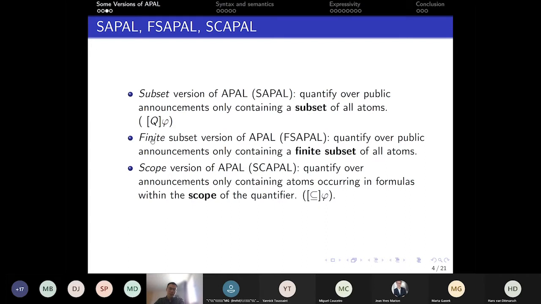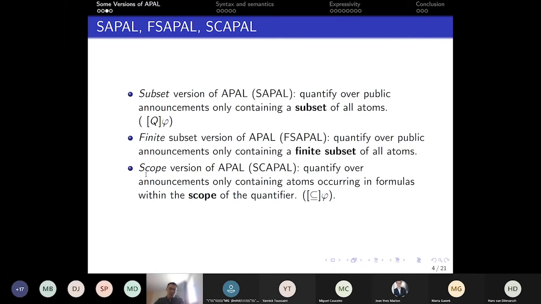And the second version is called the finite subset version of APAL. As in the example given before, if this Q is finite, we can say that after any public announcement only containing a finite subset of items, phi is true.